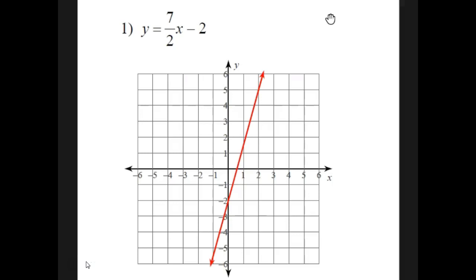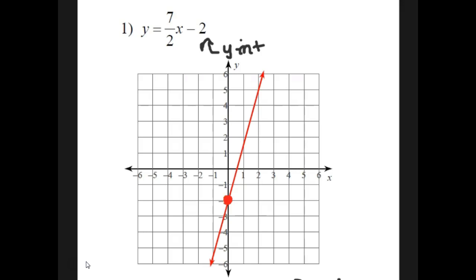As we explained on Friday, in order to graph these lines, you are always going to start with your y-intercept. The y-intercept in this case is the -2. So this right here is your y-intercept. You're going to plot that point to start. So you have a point right here at 0, -2.